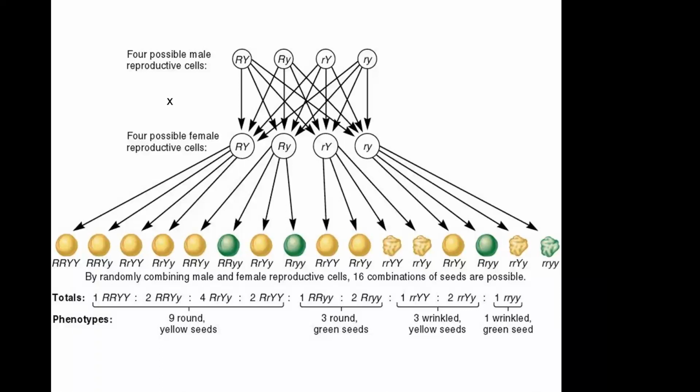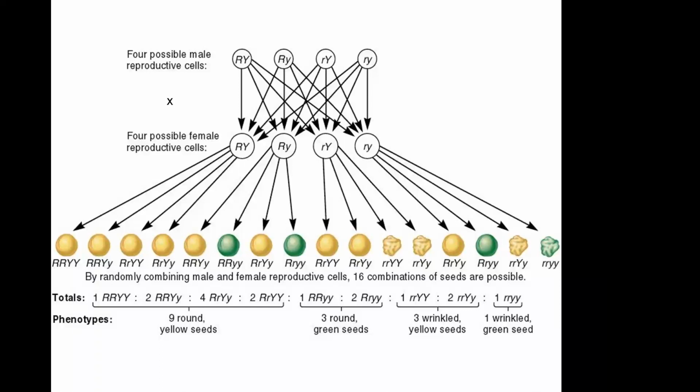So how many are going to be round and yellow, sorry, the dominant one? 9. How many are going to be round and wrinkled? 3. How many will be green and round? And how many would be green and wrinkled? 9, 3, 3, 1.